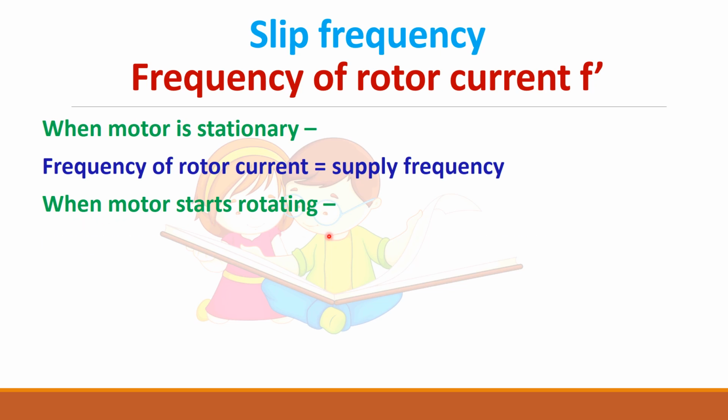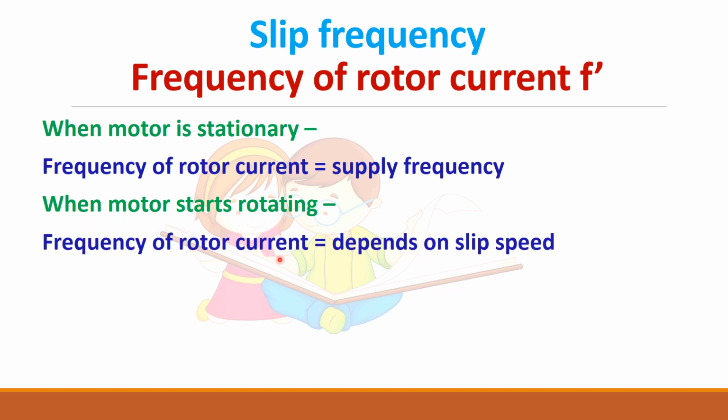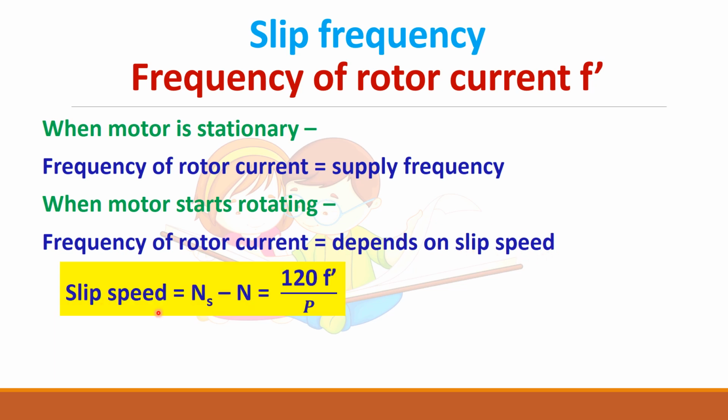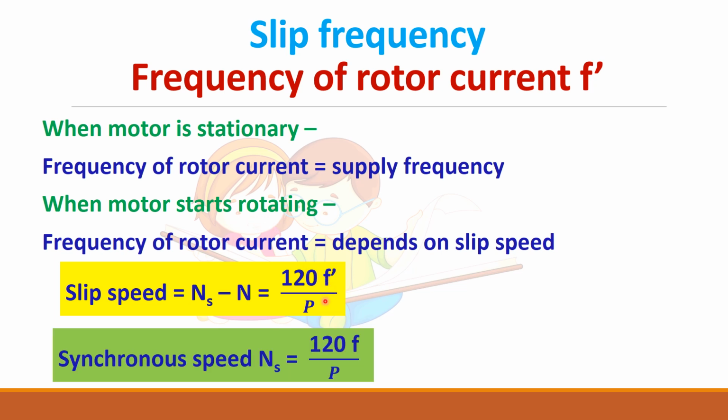So when the motor starts rotating, the frequency of the rotor current depends upon the slip speed, that is Ns minus N. So slip speed is Ns minus N, that will be equal to 120 f' by P. So we have seen that supply frequency is f, and here the slip speed frequency is f', or the rotor frequency when the motor rotates, it will become f'.